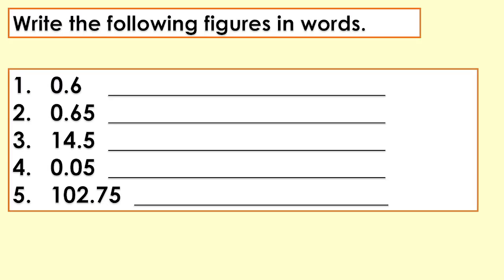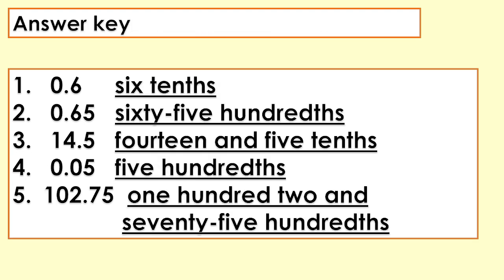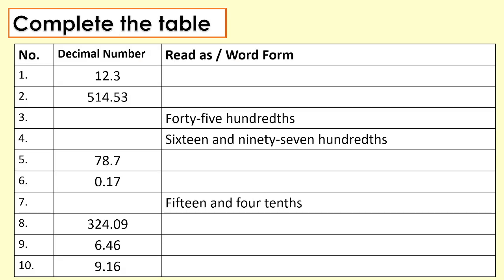Let's answer this. Write the following figures in words. I have here the answer key. Complete the table. Number 1. 12.3 is read as 12 and 3 tenths. Number 2.